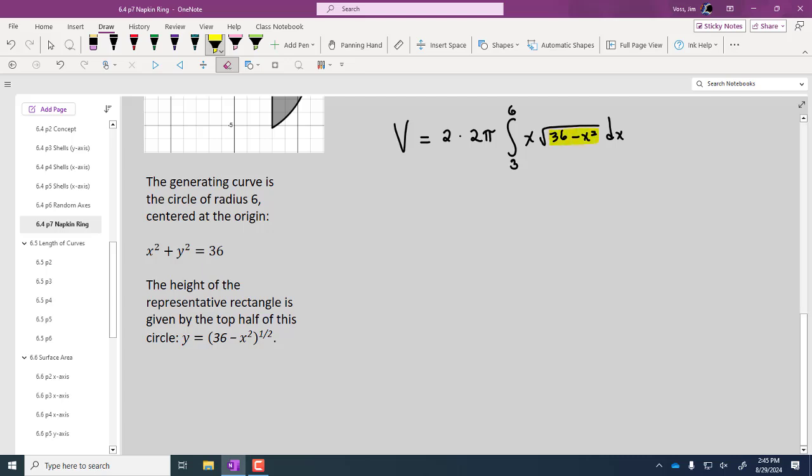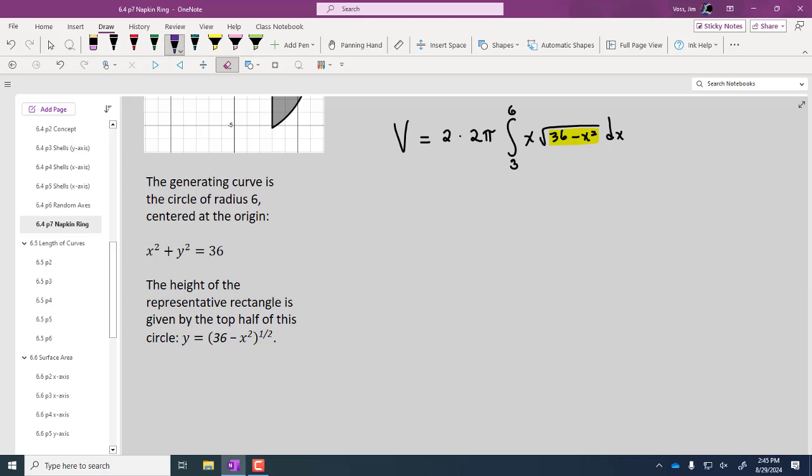Right? The square root of a difference, you can't break it apart. That square root is indestructible. You can't break it apart and take the square root of 36 minus the square root of x squared. You can only separate a square root if it was multiplication or division. So we can't separate that. So the idea of letting u equal what's in there and combining into one thing is a good idea.